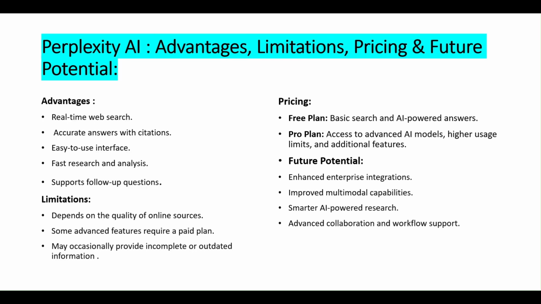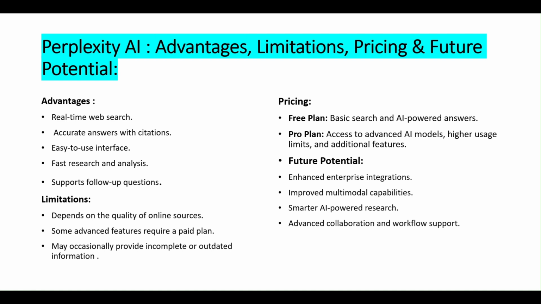Now let's look at the advantages, limitations, pricing, and future potential of Perplexity AI. One of the biggest advantages of Perplexity AI is that it provides real time information with source citations, has a simple interface, and makes research much faster and easier.